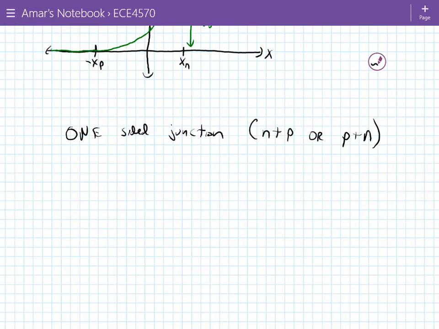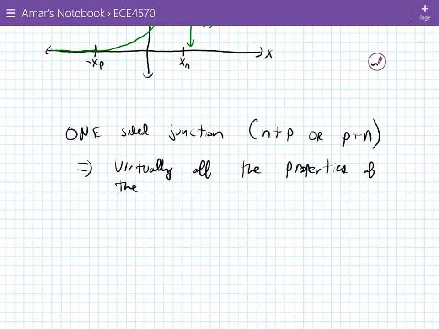In the case of a one-sided junction, virtually all the properties of the junction are determined by the doping on the lighter doped side.